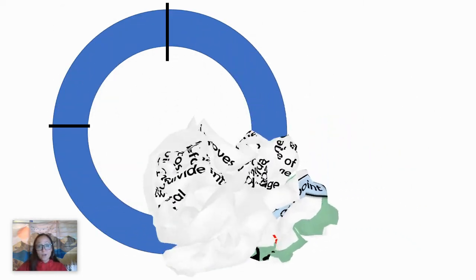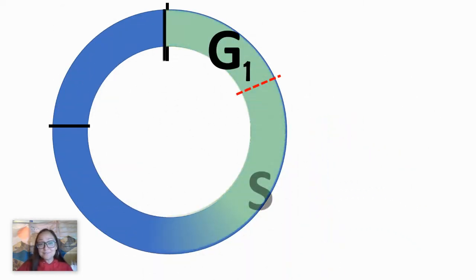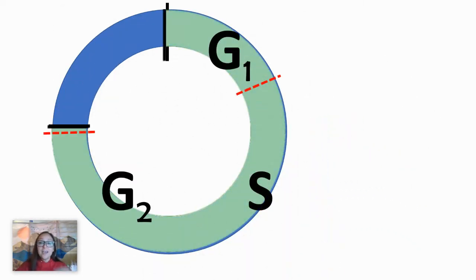Okay, so to summarize, we have our interphase made of G1, S, and G2, and we have two checkpoints. We have the G1 checkpoint to try and help ensure that we only replicate healthy cells. Only healthy cells go through the cell cycle that have good intact DNA. And then we'll study in detail some more what happens at that checkpoint in a future video.